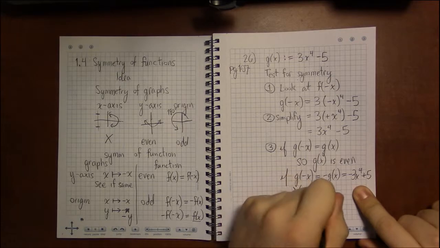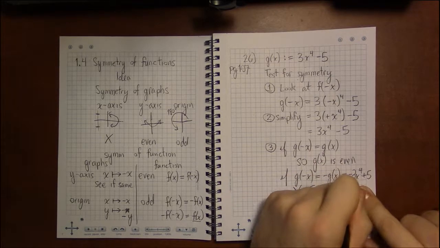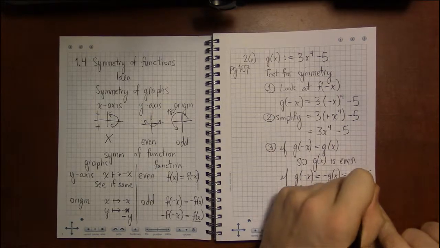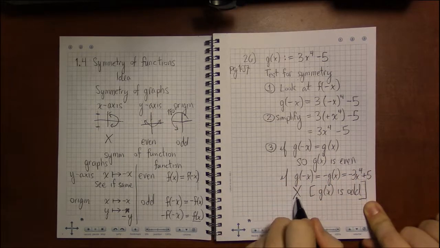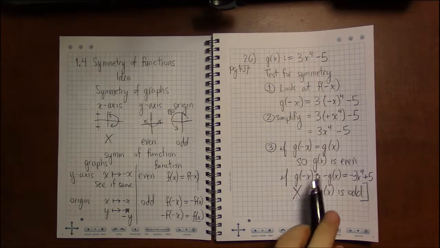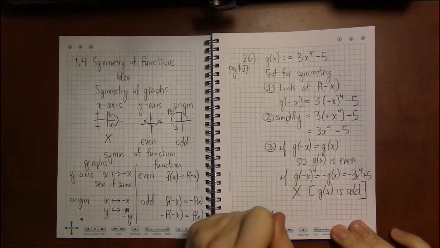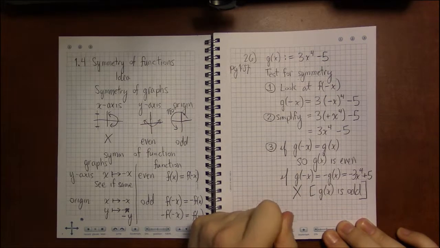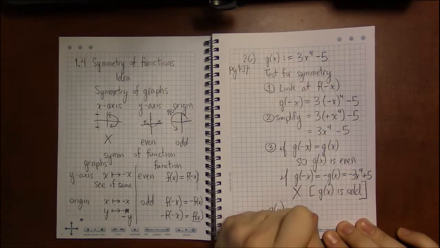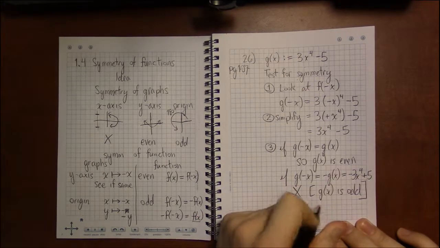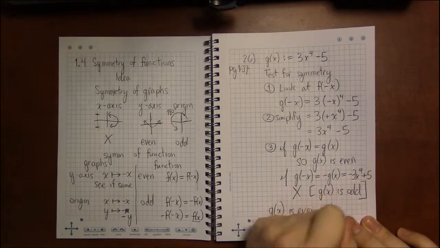But if it was, this would say that g of x is odd, if this were true. But in this case, it's not. So, what we conclude is that g of x is even and not odd.